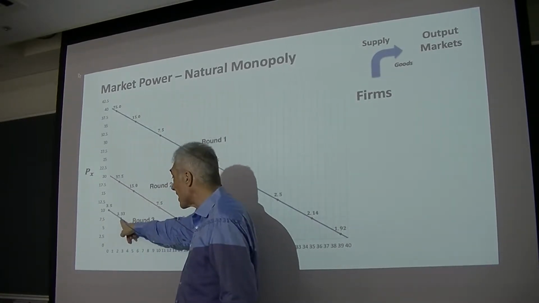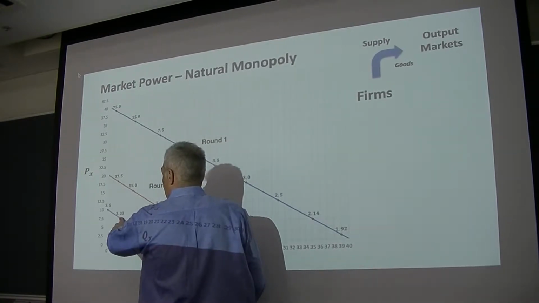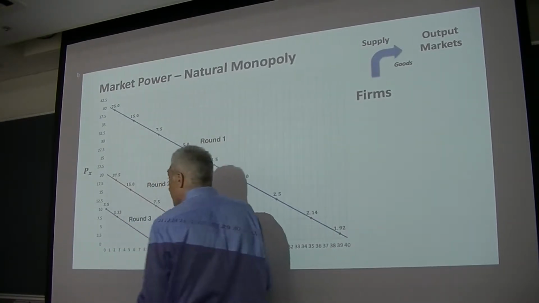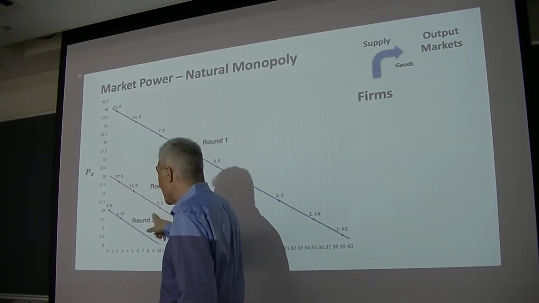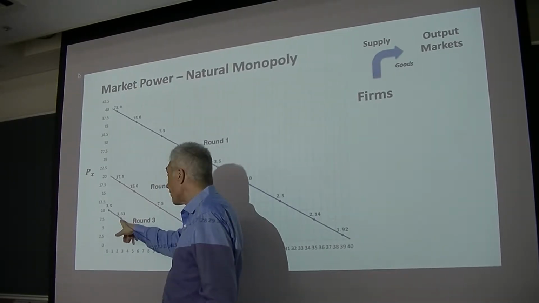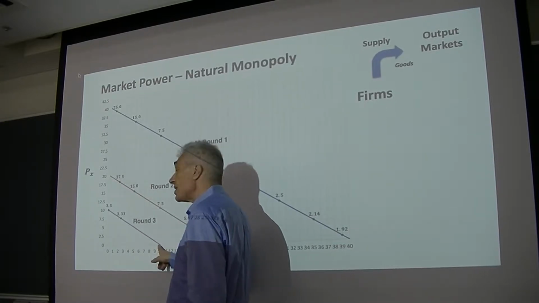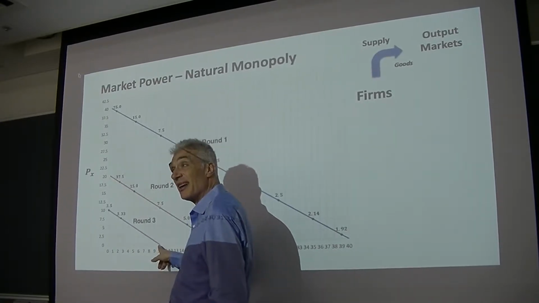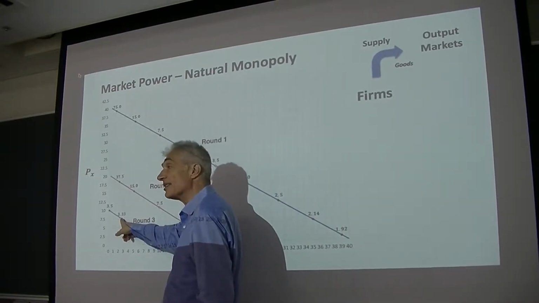But at this price, firm 2's average cost is 7.5. The market price is 7.5. For the remaining market, if it increases its production, its profit is now 0 at this price.